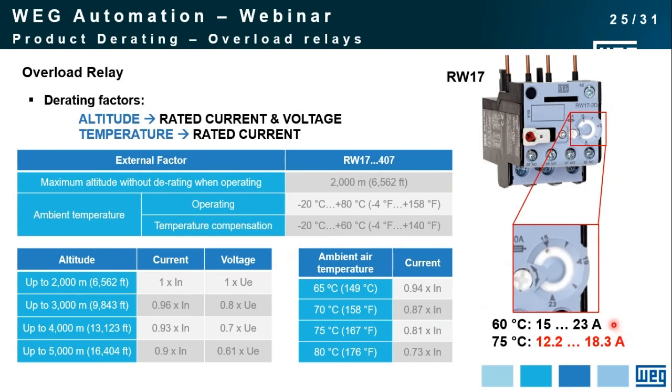However, if you take the same product to a place where the temperature goes up to 70 degrees Celsius, even though it's showing 15 and 23 amps, this overload will actually protect from 12.2 to 18.3 amps. The same happens to other adjustable devices like the MPW I have just shown you.